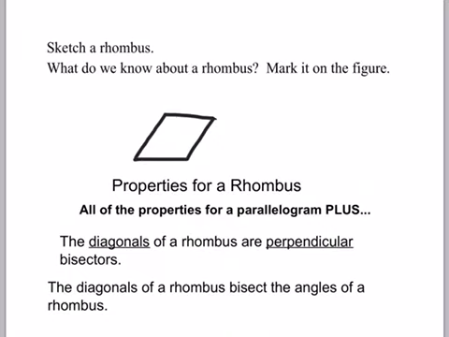One of the important properties about a rhombus is that all sides are congruent or equal. Diagonals are also going to be perpendicular. They also bisect one another.